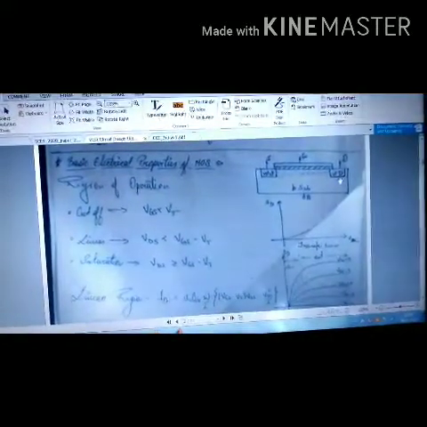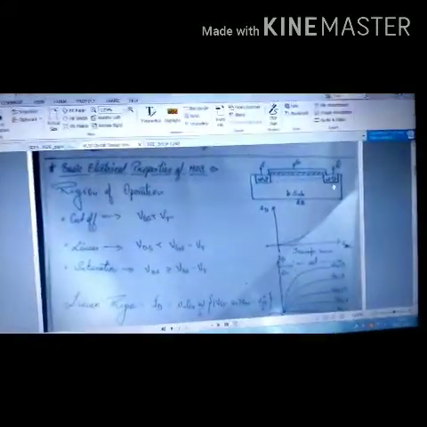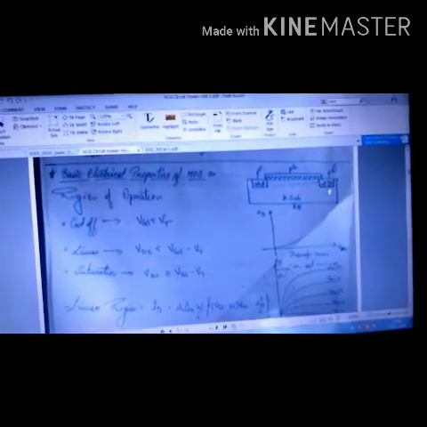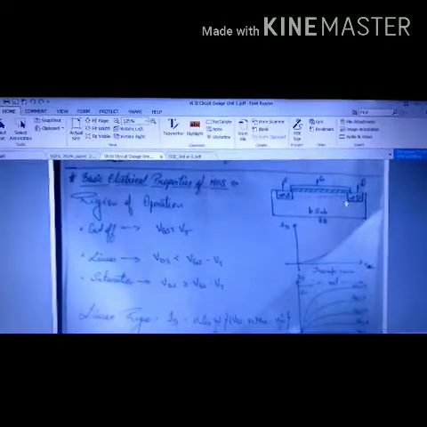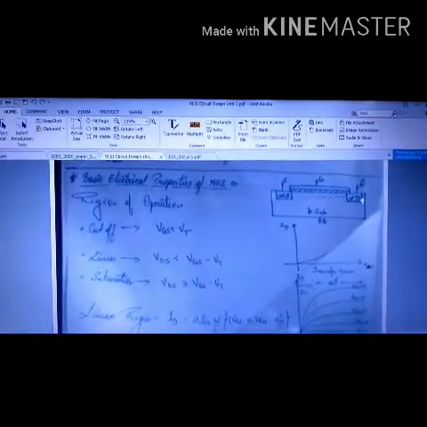The depletion region increases below the drain contact, and this increase in depletion region causes the channel dimension to shrink. So this is all the depletion region here.